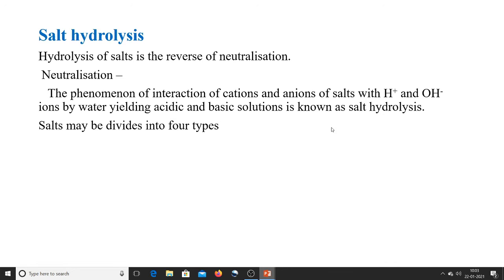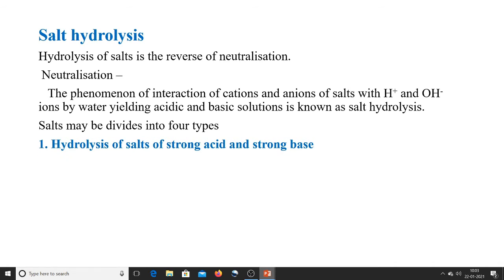Okay, so the salt may be divided into four types. First type is salts of strong acid and strong base, second type is salts of weak acid and strong base, and third type is salt of strong acid and weak base, and the last one is salts of weak acid and weak base.